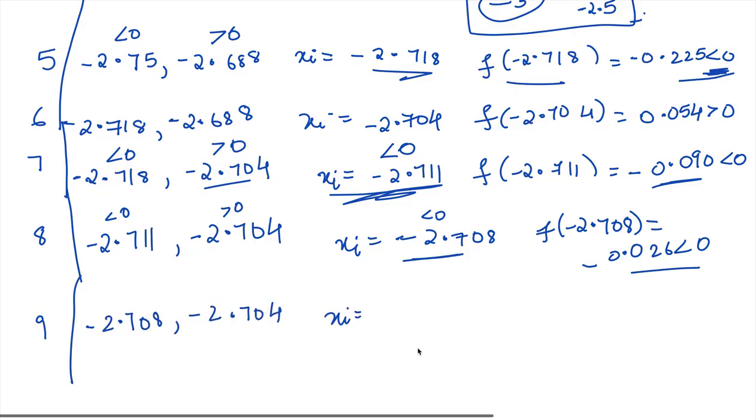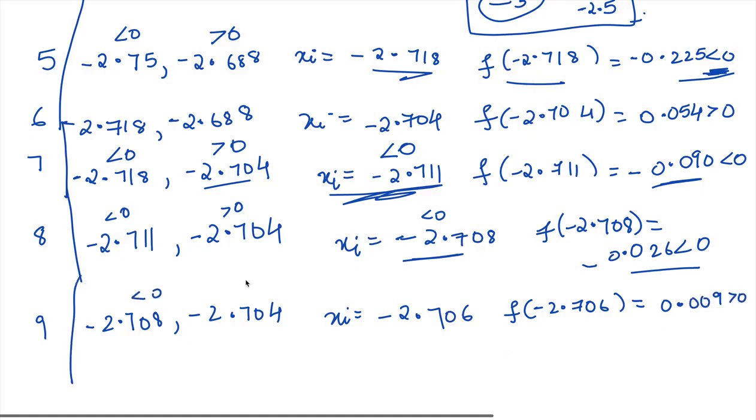What will be our xi? Minus 2.708 plus minus 2.704 divided by 2, which is minus 2.706. Now f of minus 2.706 is equal to 0.009, which is greater than 0.